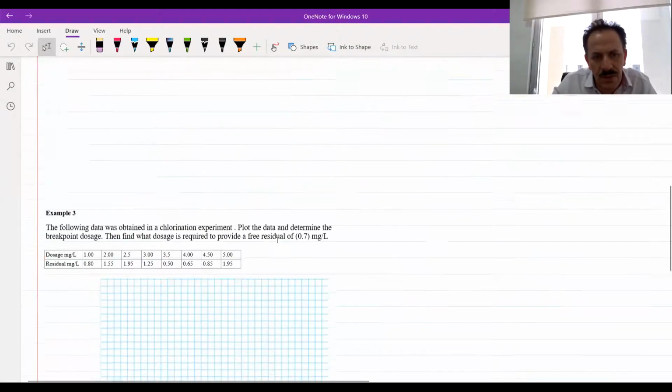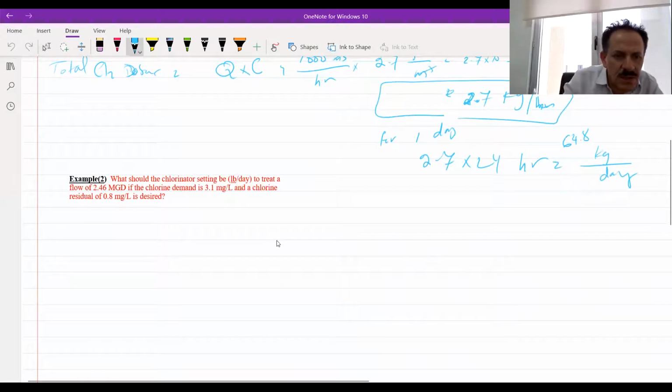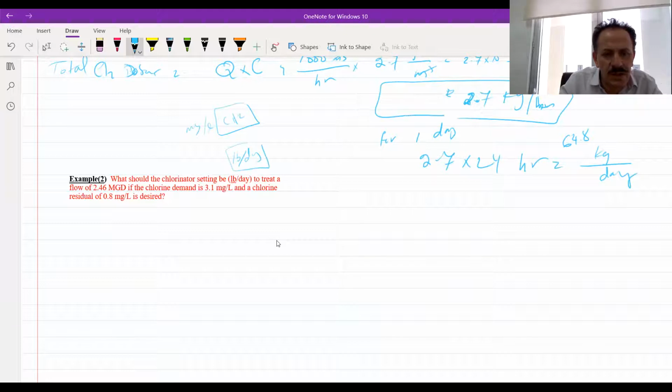I told you this, and look at this example. What should be the chlorinator setting in pound per day? We have either milligram per liter of chlorine, so the chlorinator we will set as this one, or they use pound per day. So the required is how much should be the added dose, or chlorine dose. The chlorine dose, we say, is the demand plus the free residual.